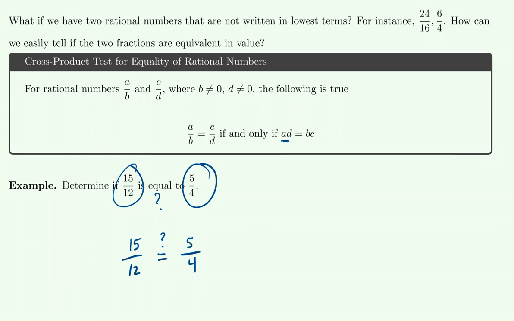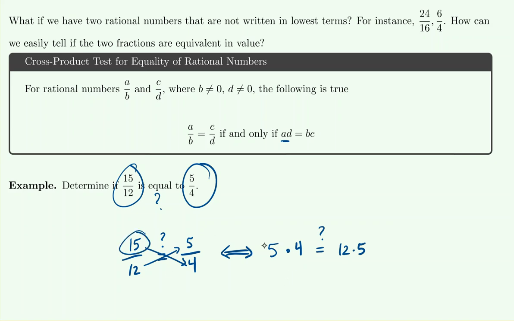Is equal to 5/4 if 5 times 4, this is the idea of if and only if, both directions have to be true, needs to be equal to 12 times 5. With our calculator, we would calculate each one. 5 times 4 is, sorry, I wrote this wrong.